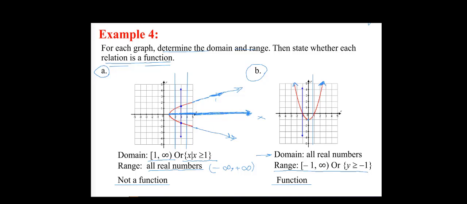Yes. So that's one way to show it, domain, all real numbers, or like I said, you can write it in interval notation. There are different ways you can show that the domain is all real numbers. And the range, we understood, is from -1 to infinity, right?